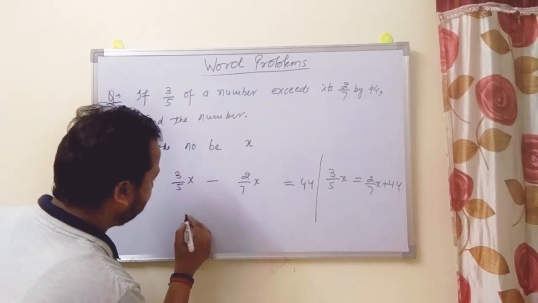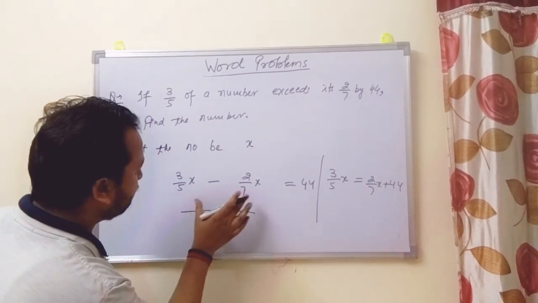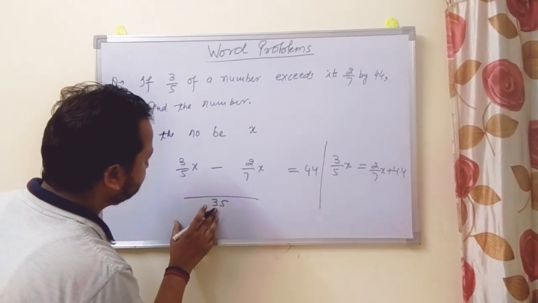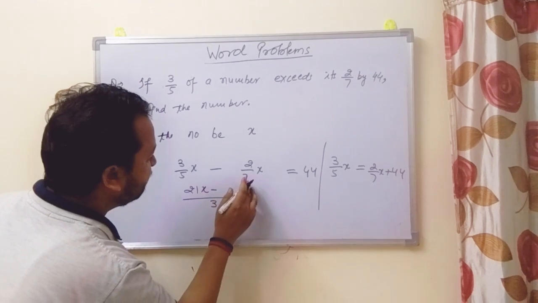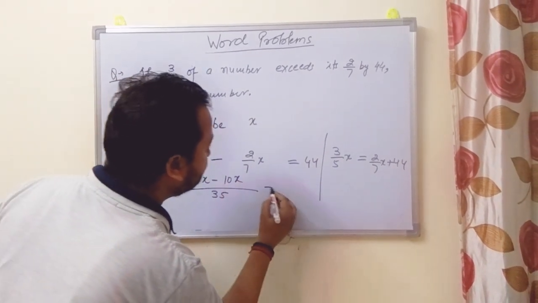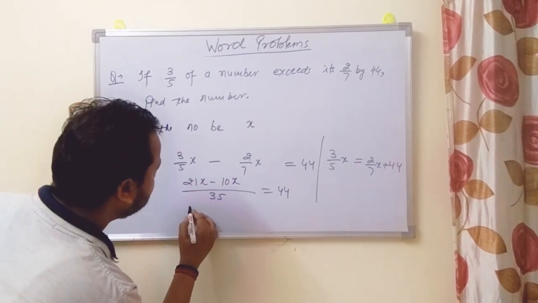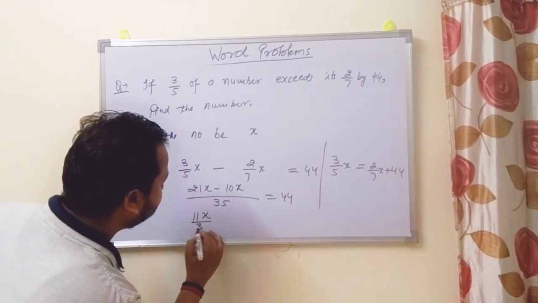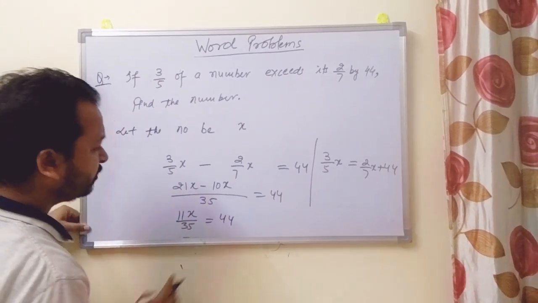Take the LCM of 5 and 7. The LCM of 5 and 7 is 35 because they are co-prime numbers. So 5 sevens are 35, 7 threes are 21, 7 fives are 35, 5 twos are 10. That equals 44. 21 minus 10 equals 11x upon 35, which equals 44.